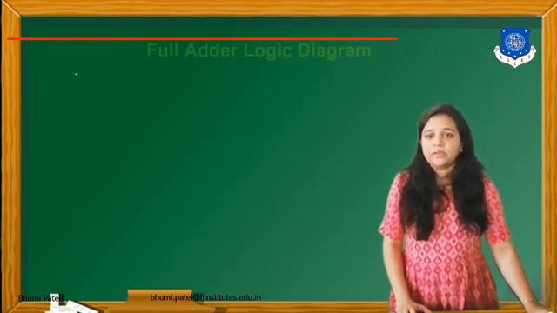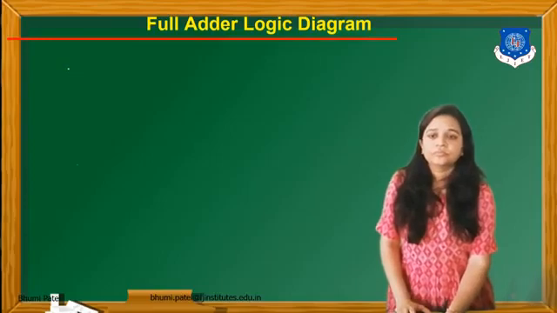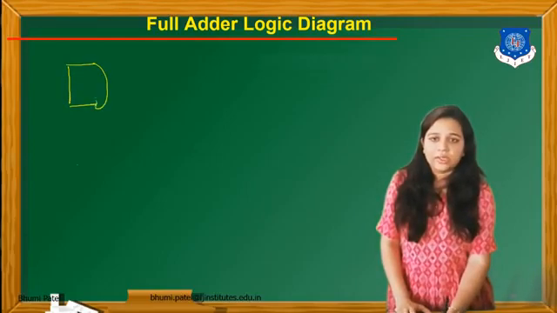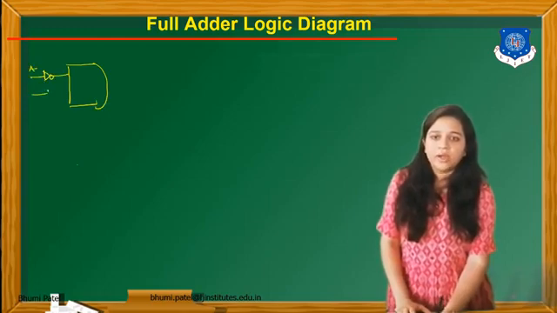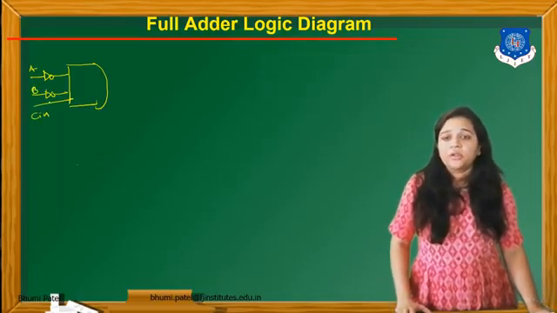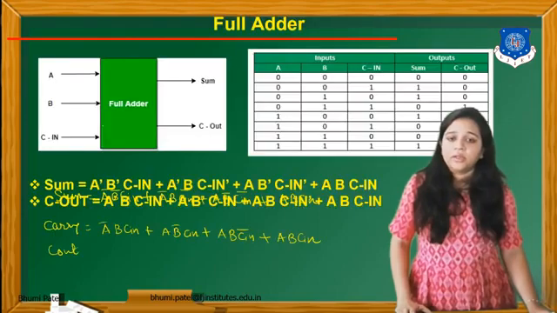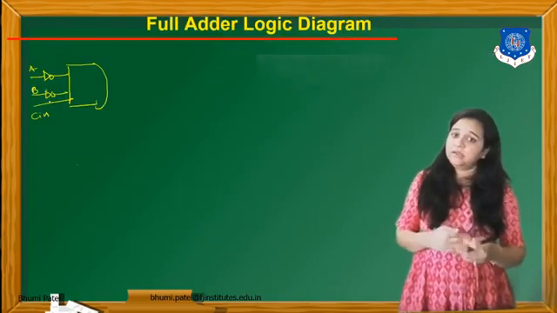So we have to draw the AND gate, and A bar means NOT gate, B bar and C in. Okay, so we have drawn the same for the other inputs and we can get the sum logic diagram.